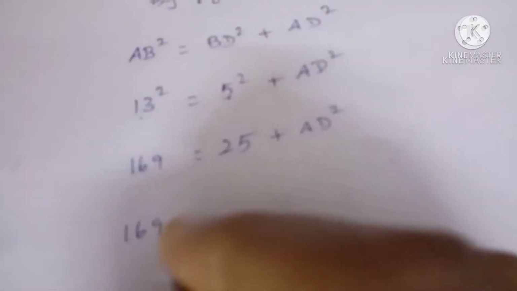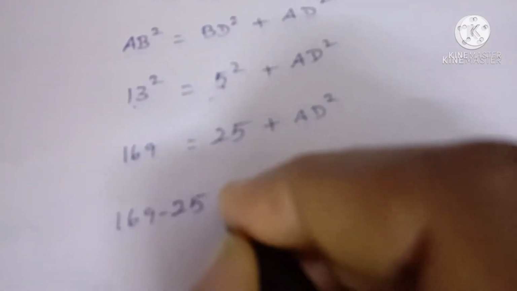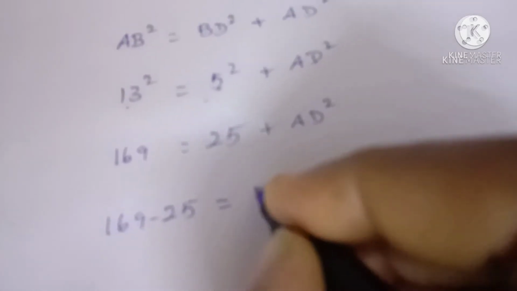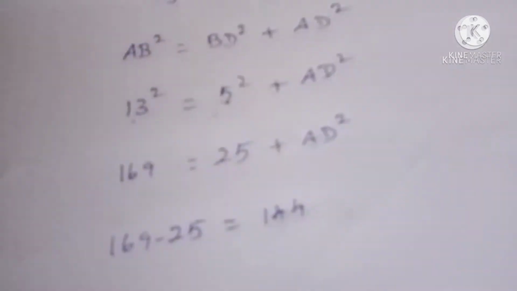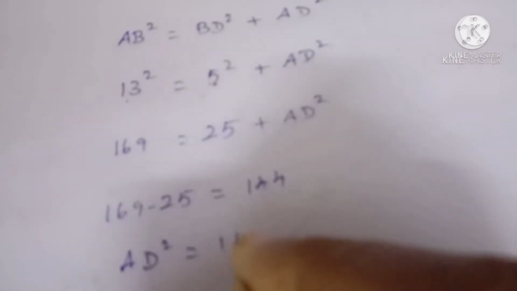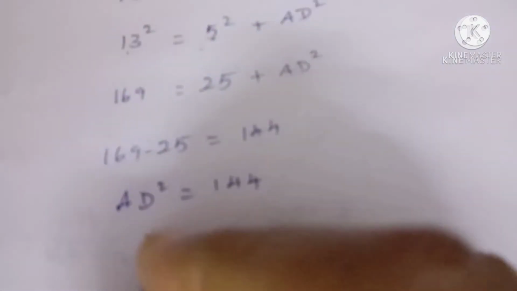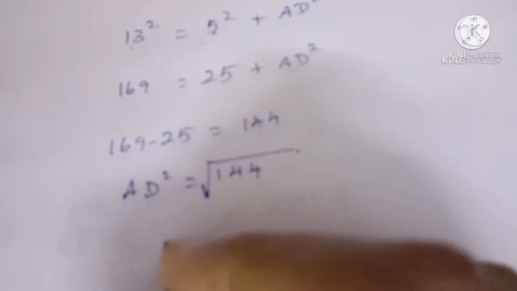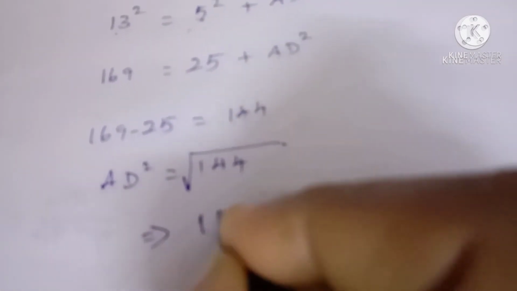So 169 minus 25 is equal to 144. Therefore AD square is 144. If you take the square root of AD square, it is equal to 12.